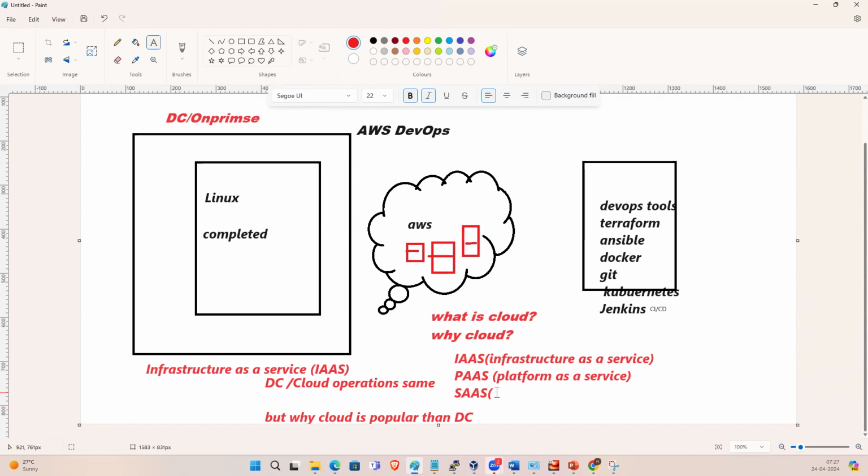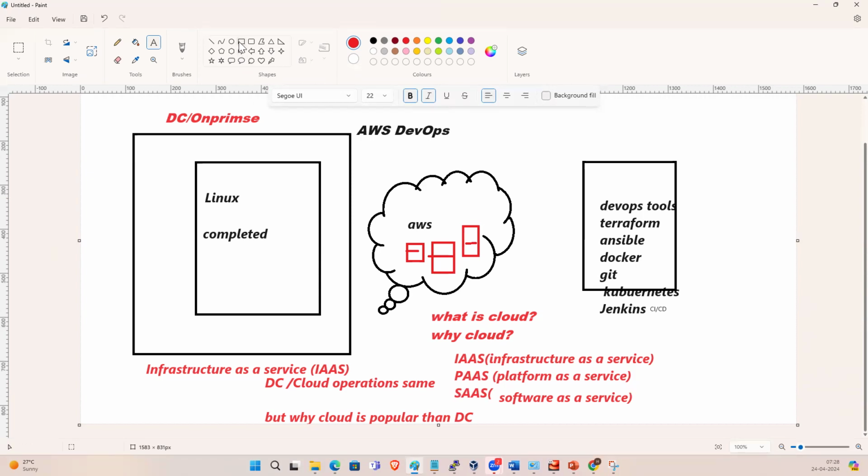So what is SaaS? Software as a service. Very good, guys. So why is it popular?